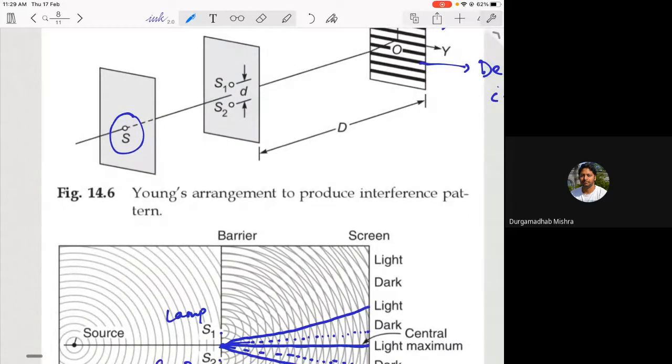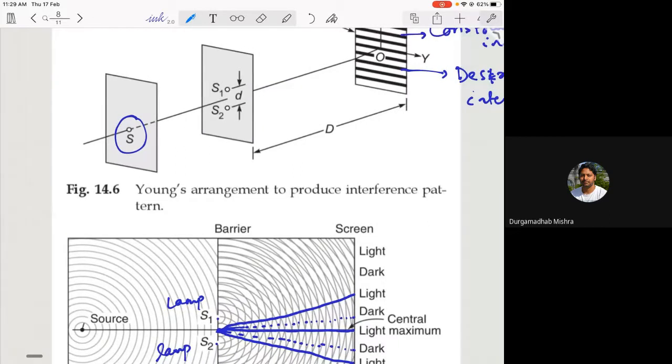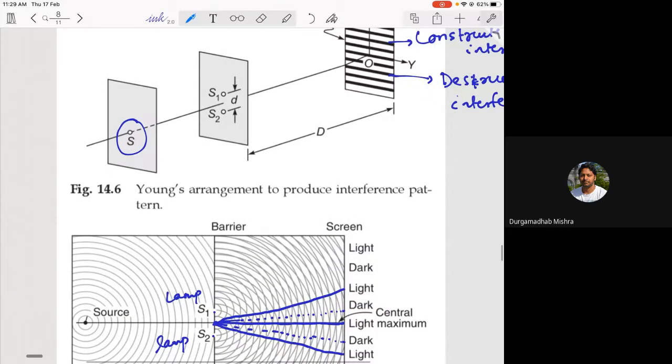But it will be very... So sunlight consists of all different colors, so it is not a monochromatic light, and therefore each color will interfere.